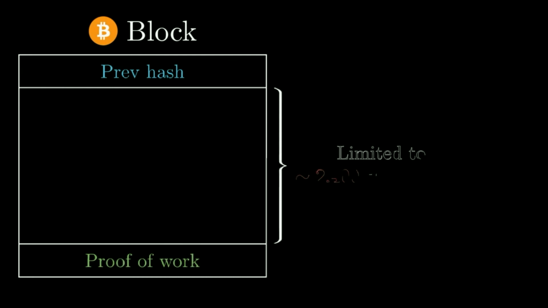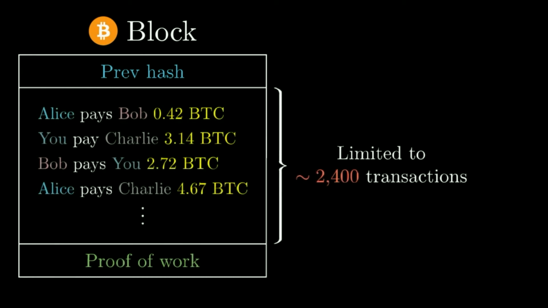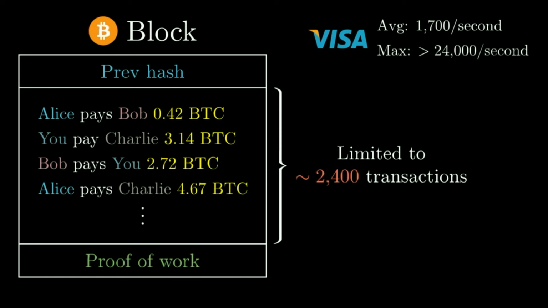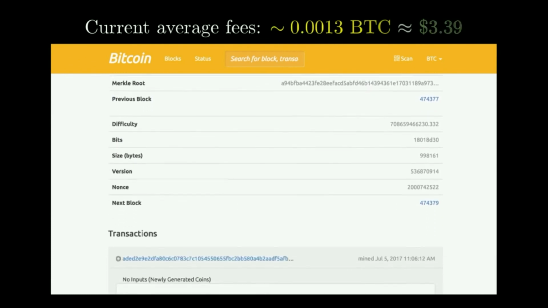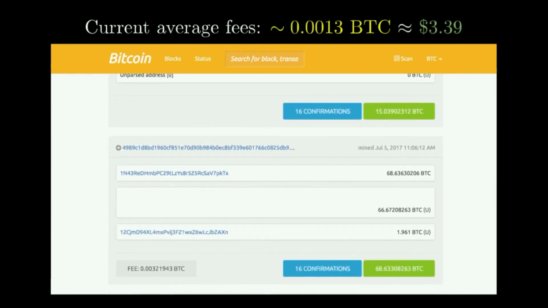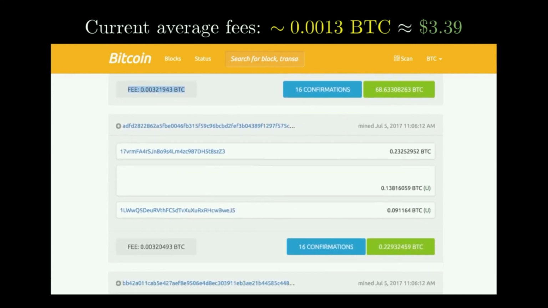You see, in Bitcoin, each block is limited to about 2,400 transactions, which many critics argue is unnecessarily restrictive. For comparison, Visa processes an average of about 1,700 transactions per second, and they're capable of handling more than 24,000 per second. This comparatively slow processing on Bitcoin makes for higher transaction fees, since that's what determines which transactions miners choose to include in a new block.